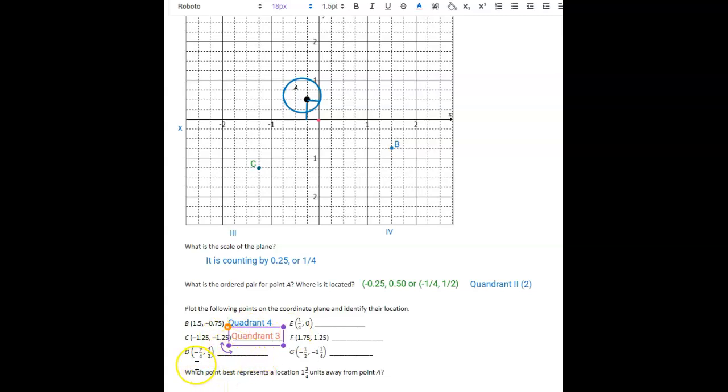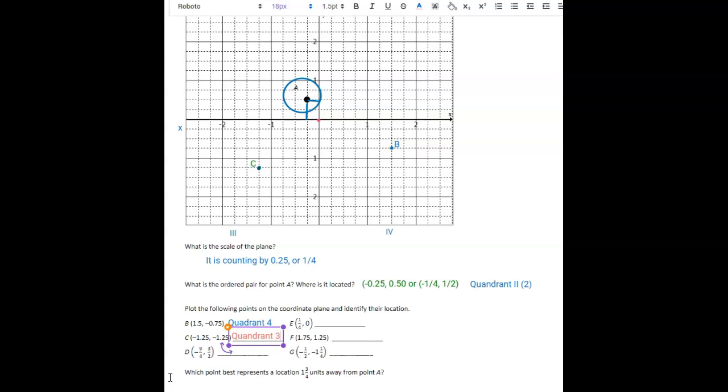Now let's move on to a different color and a new letter. So it says D is located at negative 9/4. So you can either separate the sections on your coordinate grid into 8 places or 4 places, or double it, or you can convert it to a decimal. Now, personally, I would convert it to a decimal.